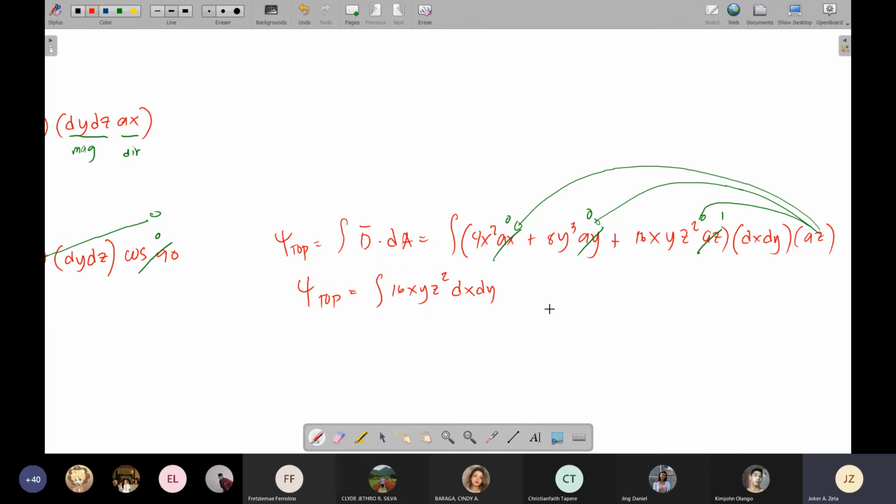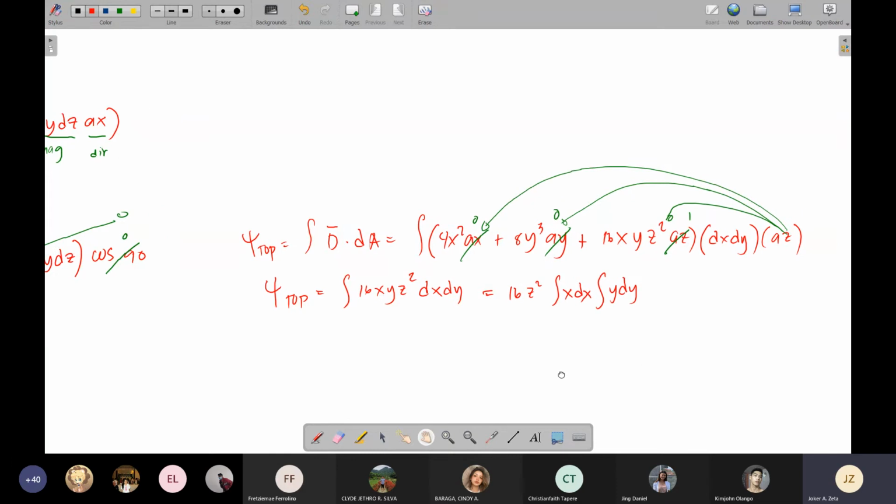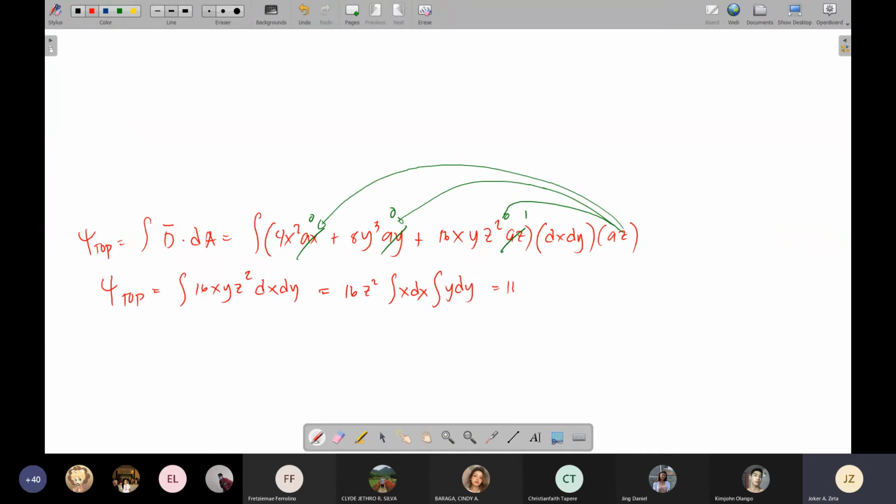For this one, we can take the constant out. The constant here is the 16 and z squared. So 16z squared integral of x dx, integral of y dy. So this becomes 16z squared, integral of x dx, that is x squared over 2, then for y, that is y squared over 2.